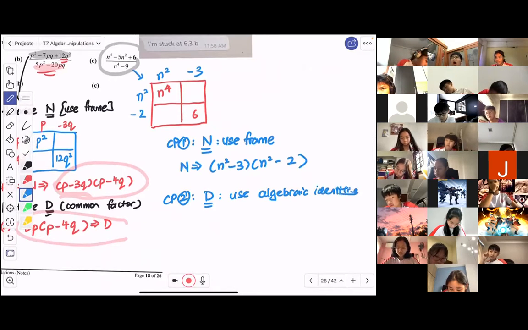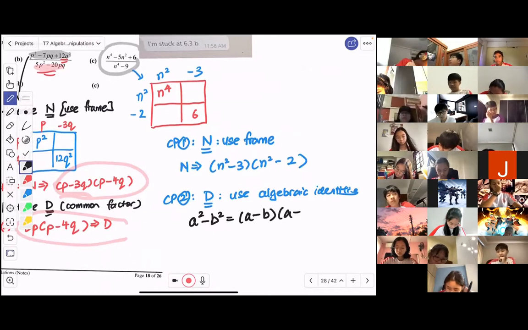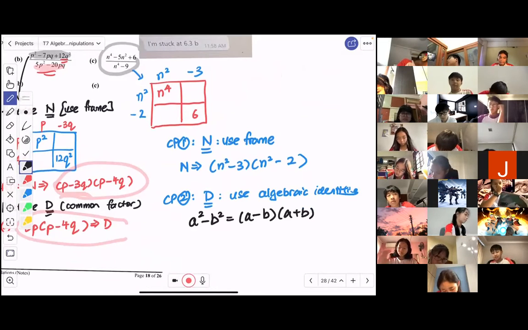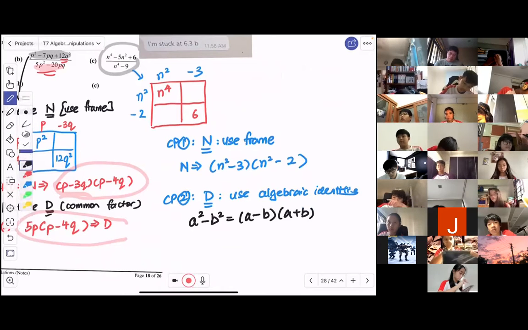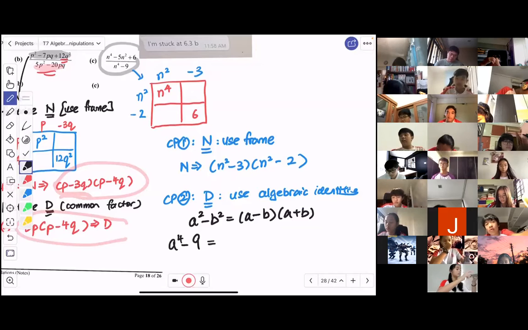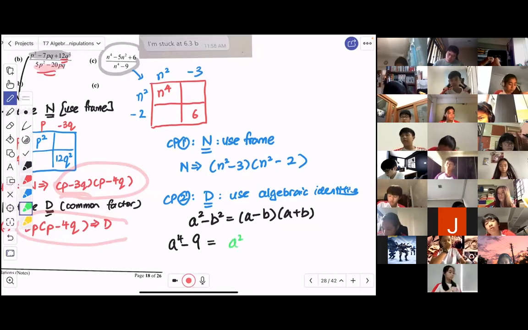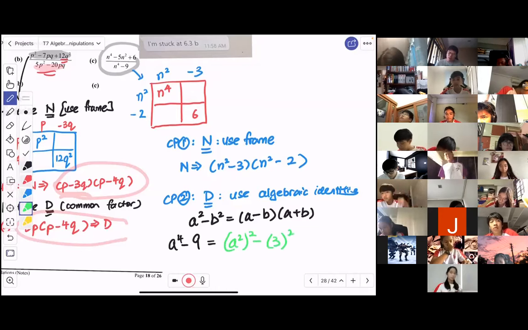We know that a square minus b square, one of the identities, is a minus b, a plus b. But can I also say that a power 4 minus 9 looks something like a power 2 square minus 3 square? Can I say this?